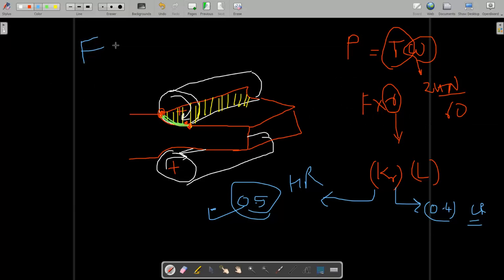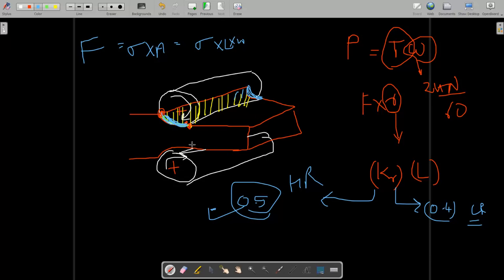Force is equal to stress into area, and the area is the projected area, L into W. L is the arc contact length, so L into W. This is the area I have marked in yellow, which serves as the bearing surface against the roller pressure.